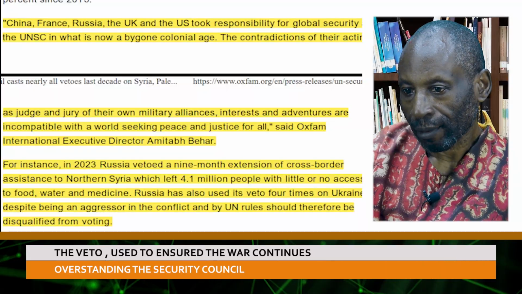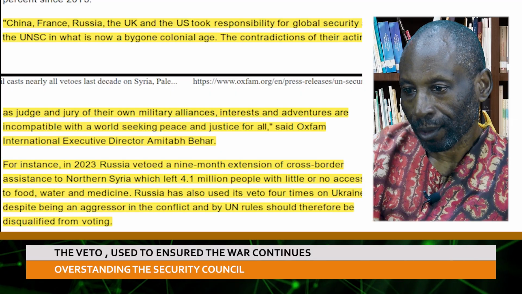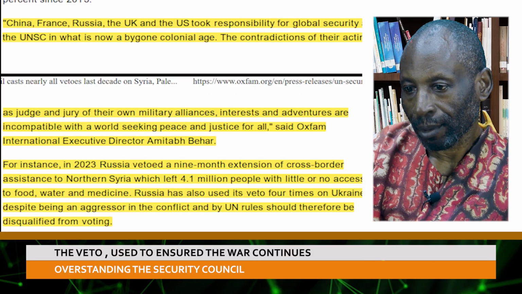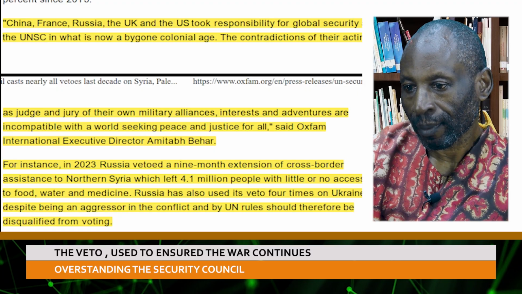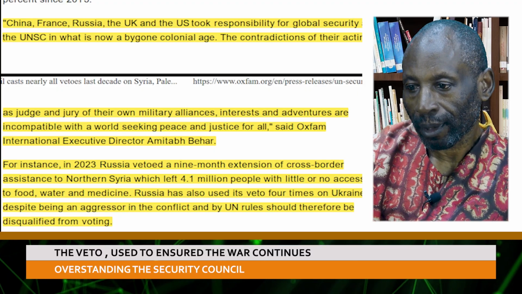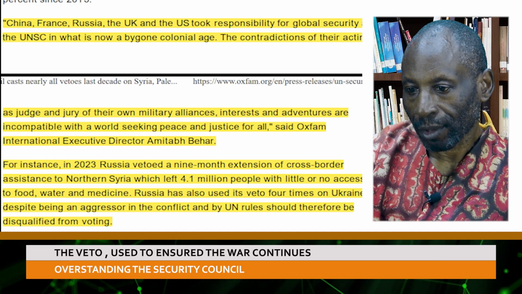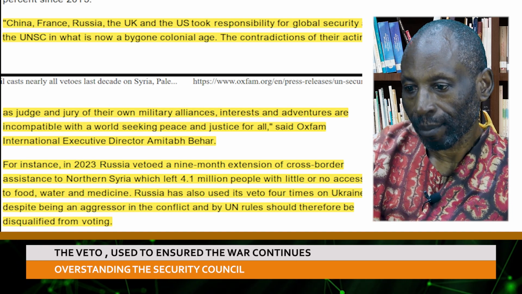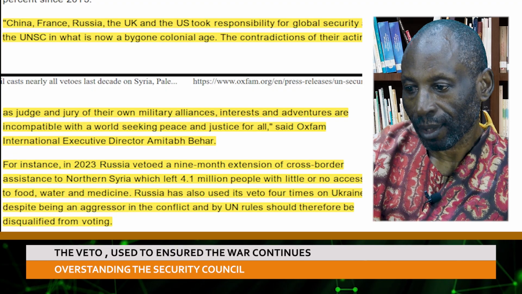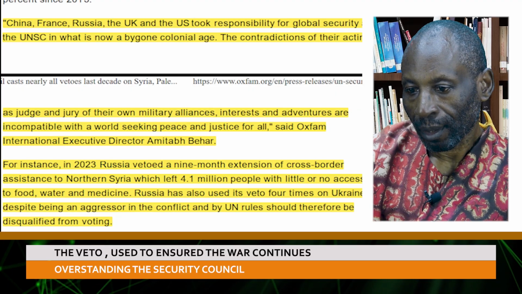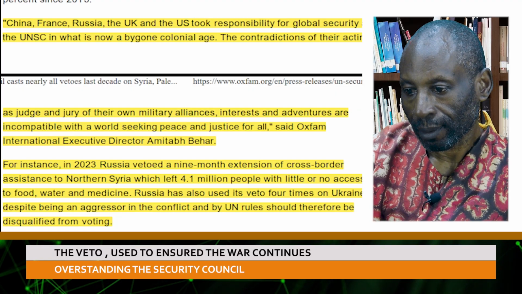this is from the Oxfam report again. China, France, Russia, the UK and the US took responsibility for global security at the United Nations Security Council. In a now bygone colonial age, this is back in the 1940s, the contradictions of their acting as judge and jury of their own military alliances, interests and adventures are incompatible with the world seeking peace and justice for all, said the Oxfam International Executive Director.